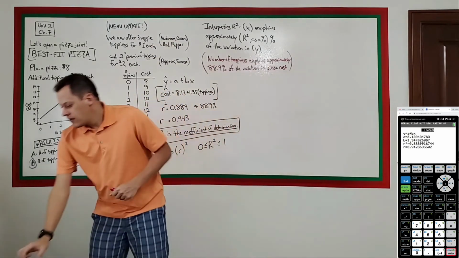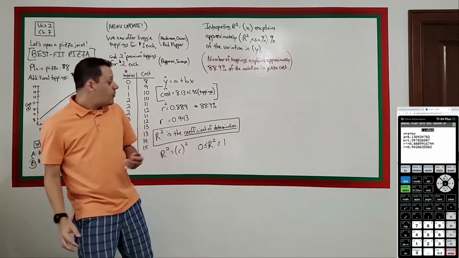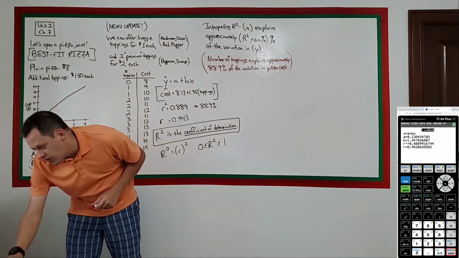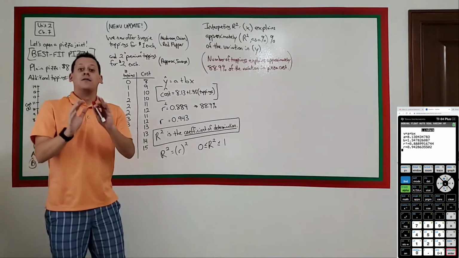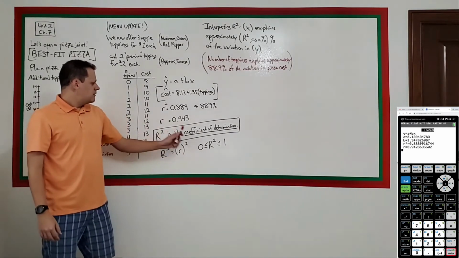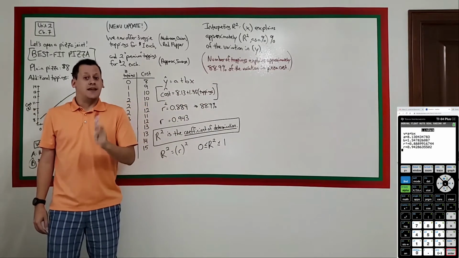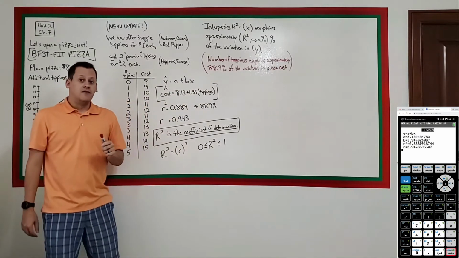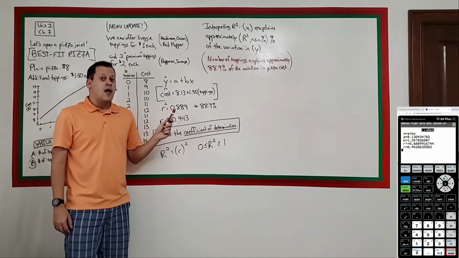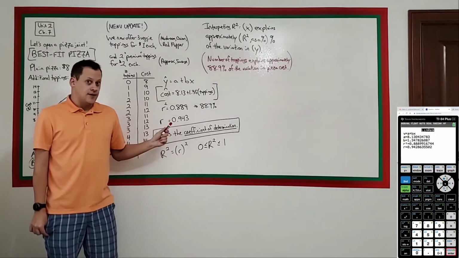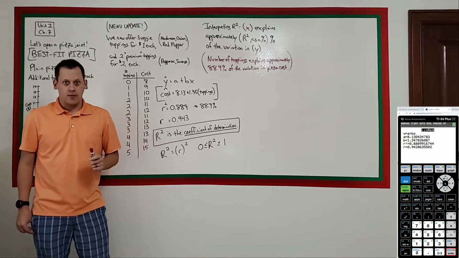All right, so now we know about R squared. We're filling in all the holes. We now know what all of these things mean. Anytime you run a linear regression, you will get a value for R, you will get a value for R squared. But just like when we were talking about R, it's only valid if you've got a linear relationship.